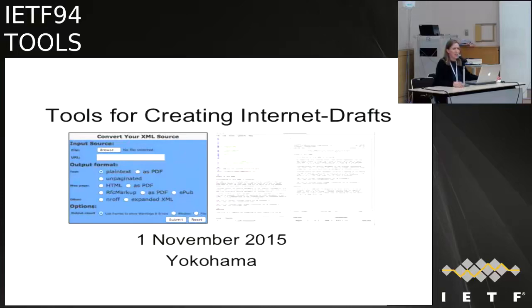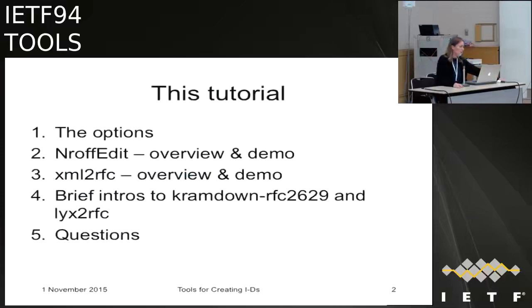This tutorial is to talk about the options, and specifically we go over XML to RFC and nroff edit in more detail. Also brief intros to a couple of the other options.